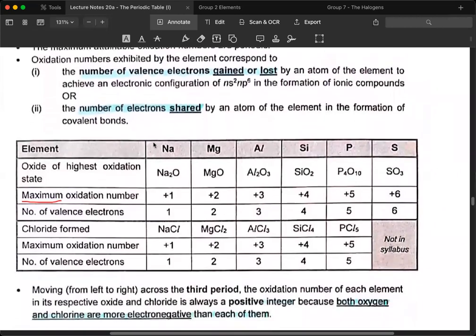So if we look at these elements, the oxide of the highest oxidation state will be +1 for sodium, magnesium +2, aluminium +3, silicon +4, and phosphorus can go all the way to +5, and sulfur all the way to +6 actually. So the valence electrons correspond to the maximum oxidation number that the element has.